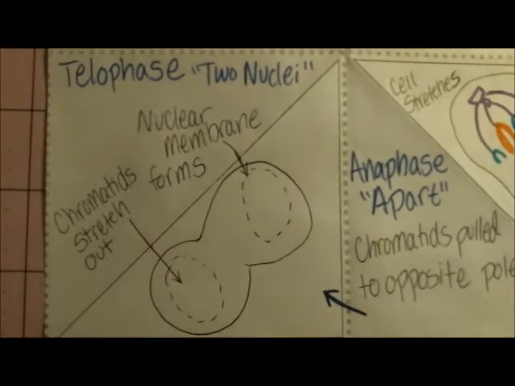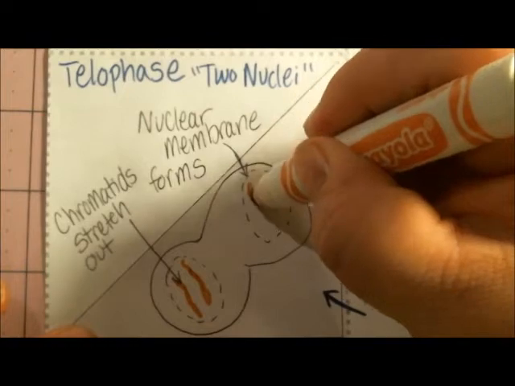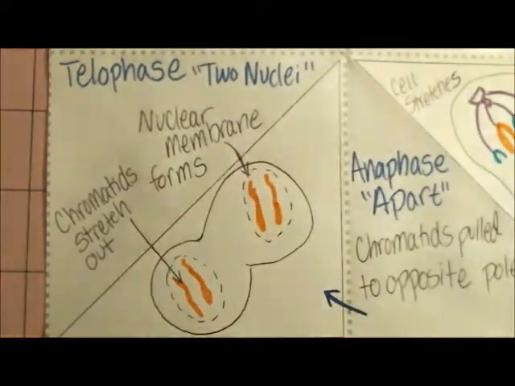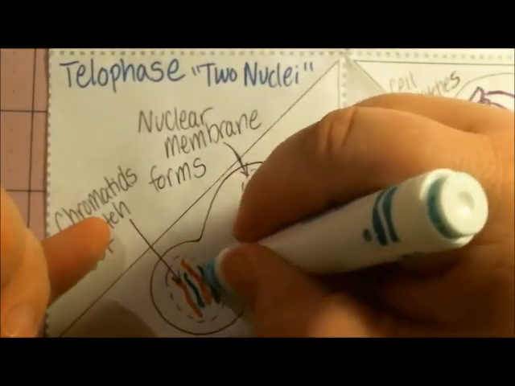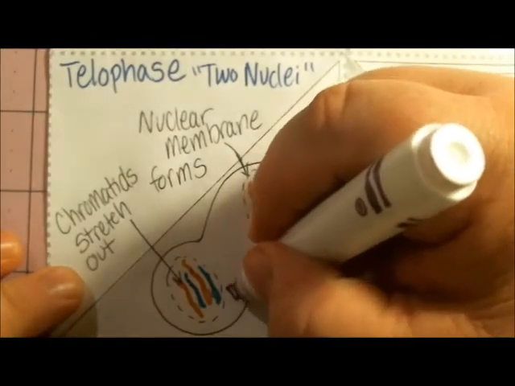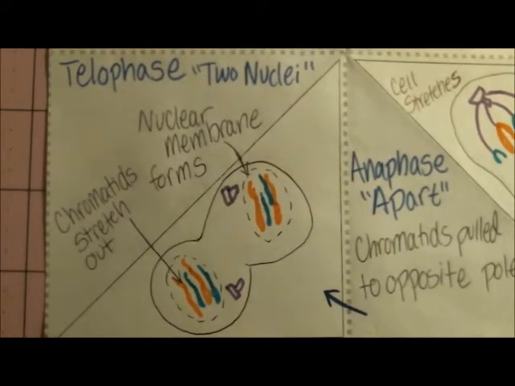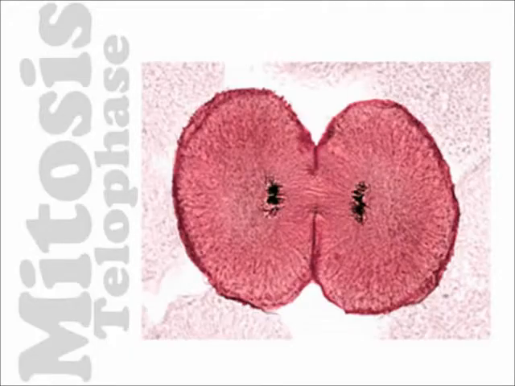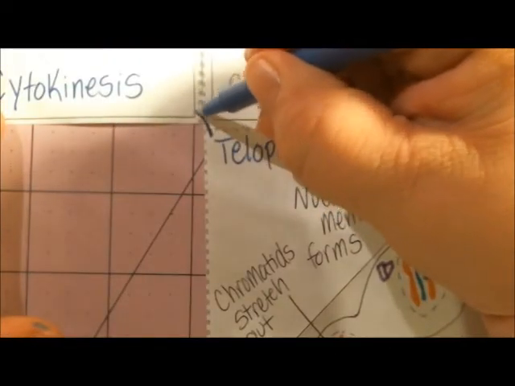So they unfold a little bit and they go back to the chromatin state. So they're stretching out. And the centrioles have done their jobs. They're just kind of hanging out on opposite sides of the cell. So now we're ready to head to cytokinesis.